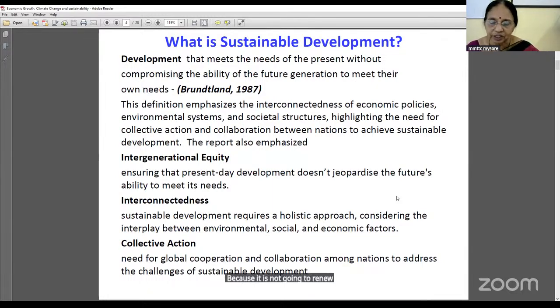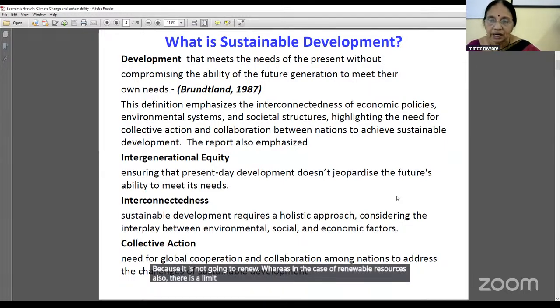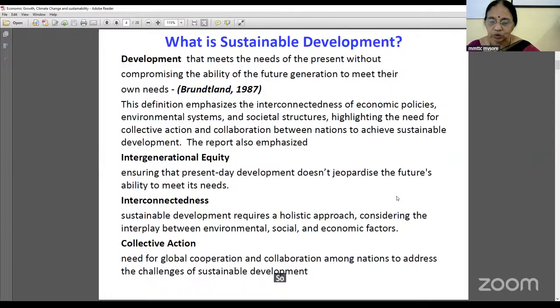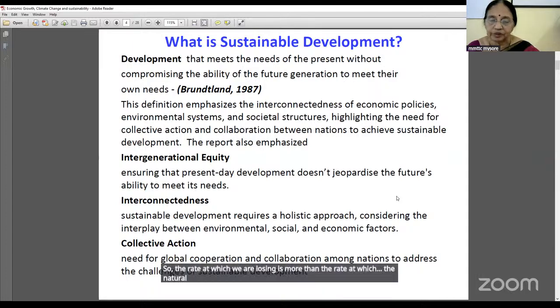In the case of renewable resources also, there is a limit, because the rate at which the renewable resources get generated may be different from the rate at which we are using them. If the rate at which we are using is more than the natural rate of growth, which every natural resource has, again there is a gap.